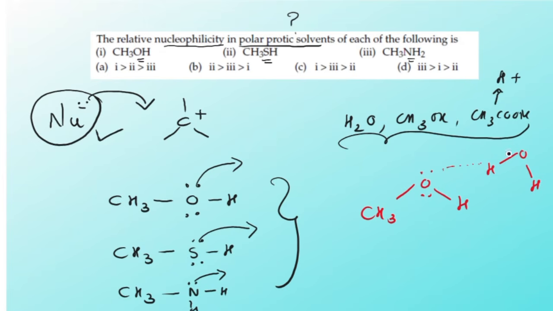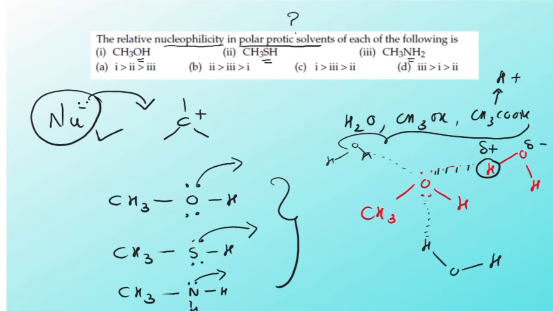We call this hydrogen bonding because the hydrogen of the water, which is electron deficient, will start interacting with the lone pair of electrons present on the oxygen. So all the water molecules surrounding this will form a kind of cage-like structure like this.